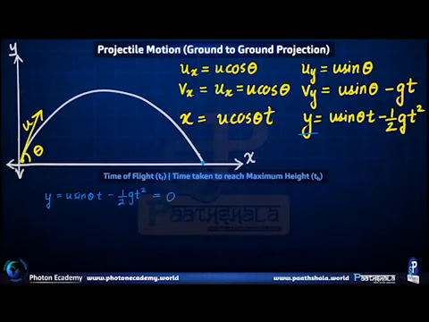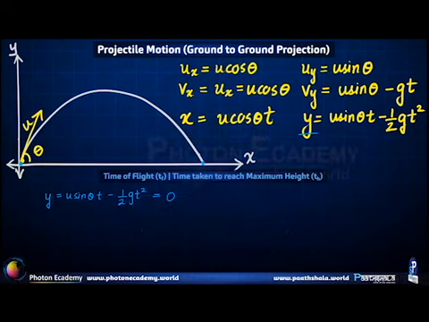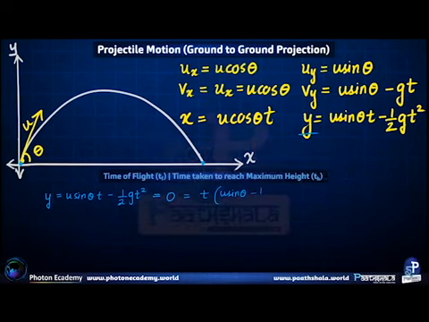Another thing is that at the start of the motion also the y component of the displacement is 0, and hence you are going to get two answers for time in this equation. So taking t common, you get t times u sine theta minus half gt.